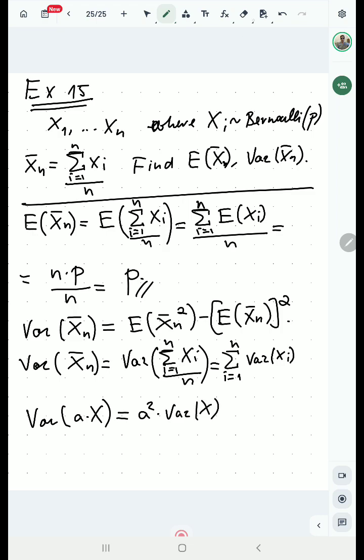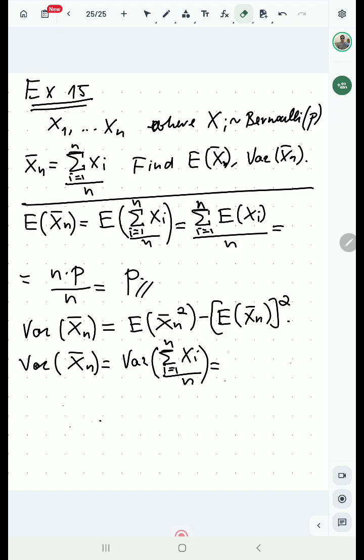We know it. Now let's apply this particular property of the variance. Because of the property of the variance, and as long as n is a constant, I can say that this is equal to 1 over n squared times variance of the sum of xi's, i goes from 1 to n.